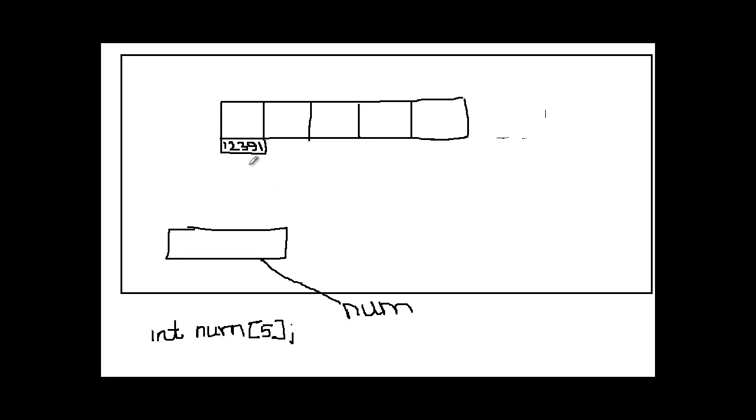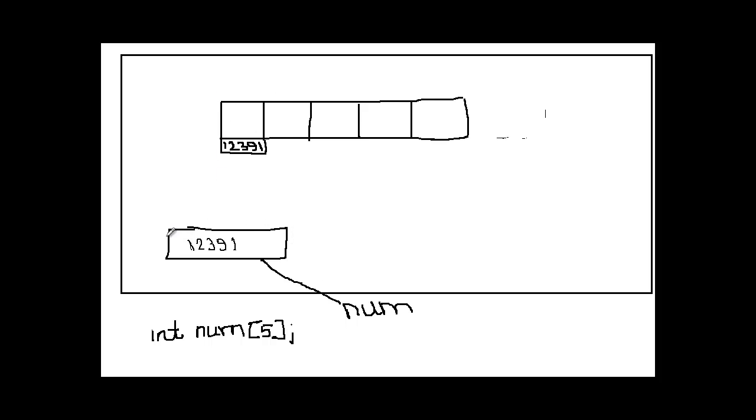This is the address of the first memory block. So the compiler will write 1239 1. It means that when we declare int num[5], a variable num is created which takes the address of the first block of the array in RAM.